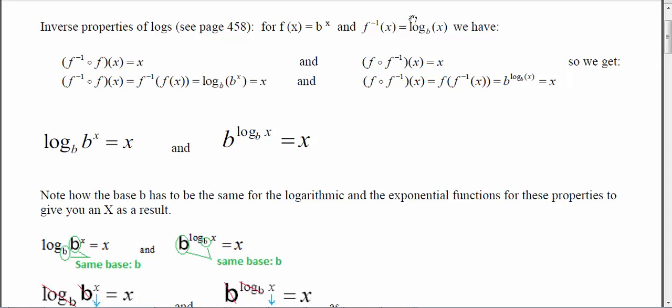If you were to plug that in where x, the variable, is right here in the function f, you would get b raised to the exponent log base b of x, and that would be worth x. Thus we have log base b of the quantity b to the x would be x, and b raised to the log base b of x would be x as well.